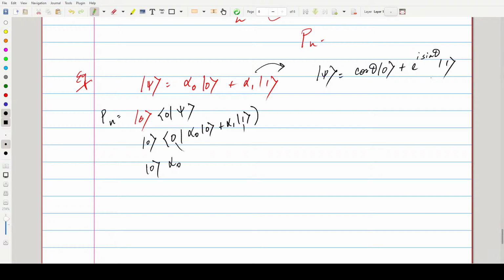Is this correct? Can anyone just give me a heads up? I guess I'm not sure.